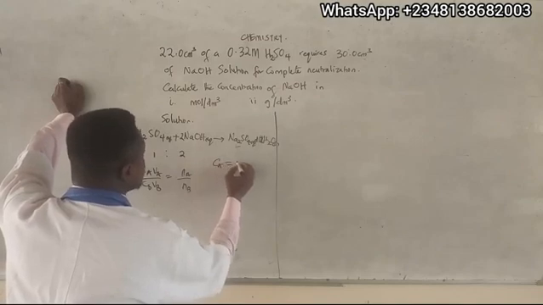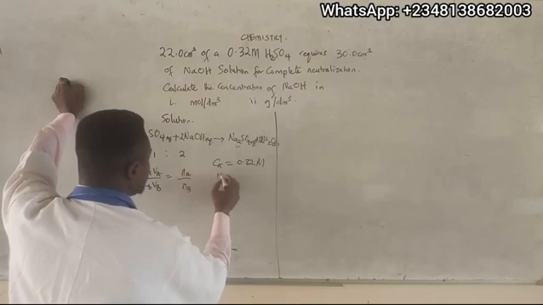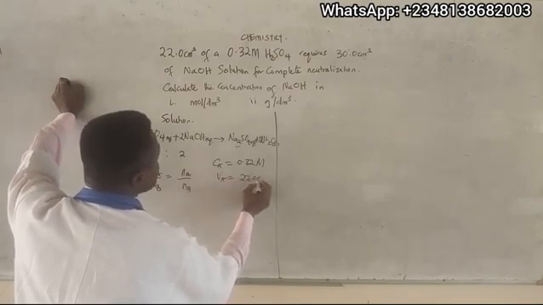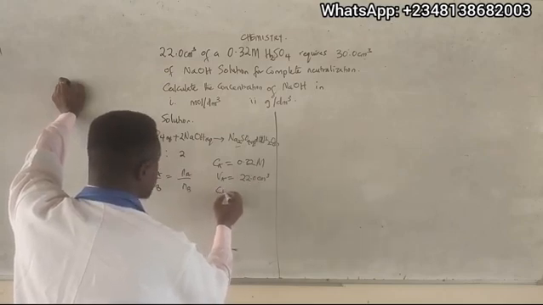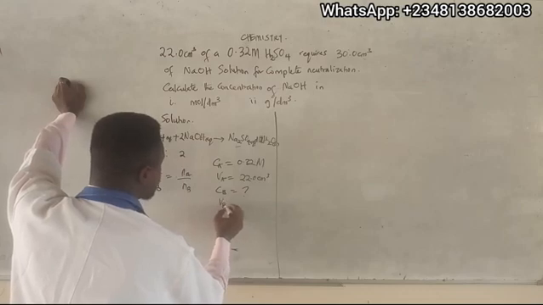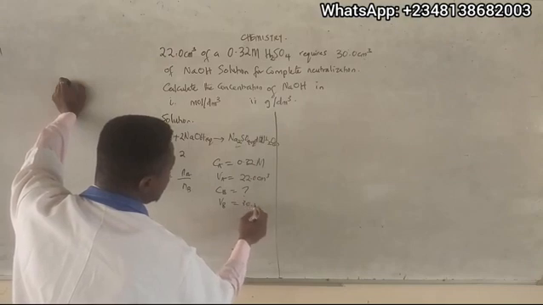CA is equal to 0.32 M. VA is equal to 22.0 cm³. CB, we don't know, that's what we are looking for. VB is equal to 30.0 cm³.